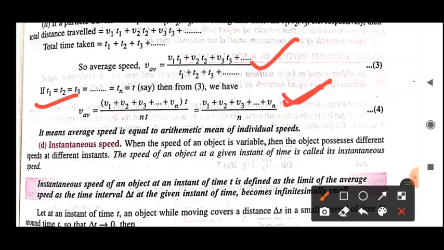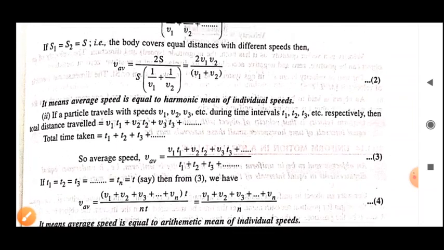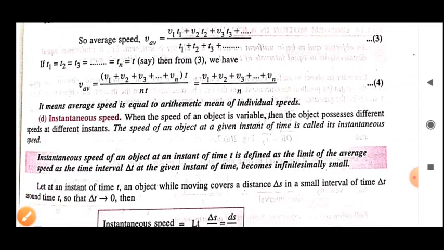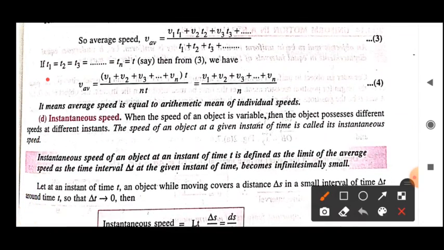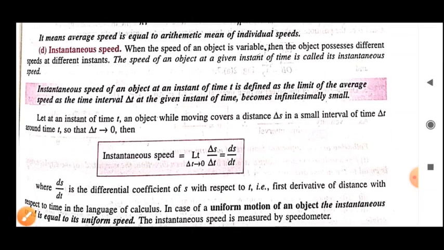So if distances are the same, then it is a harmonic mean, and for the same case of time, it is the arithmetic mean. So this is the formula to calculate average speed.